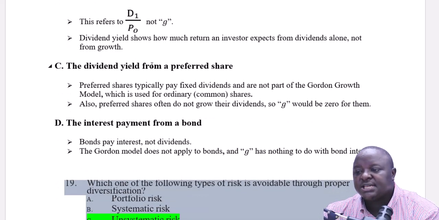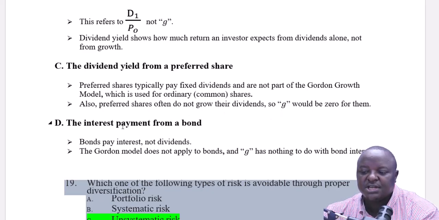The dividend yield from the preferred shares: preferred shares typically pay fixed dividends and are not part of the Gordon growth model, which is used for ordinary or common shares. Also, preferred shares often do not grow their dividends, so G will be zero for them.